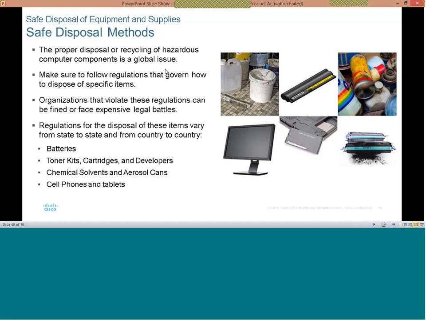So you're looking at batteries, toner kits, cartridges, developers, chemical solvents. So these are the different types of disposal items. And then we're saying that if they must be disposed of, they must be disposed of appropriately so that they don't cause harm to the environment.